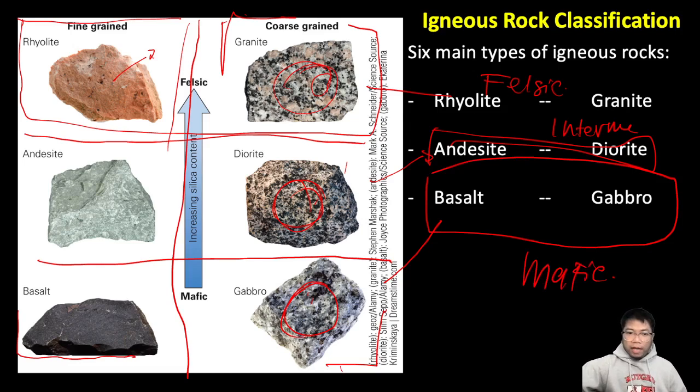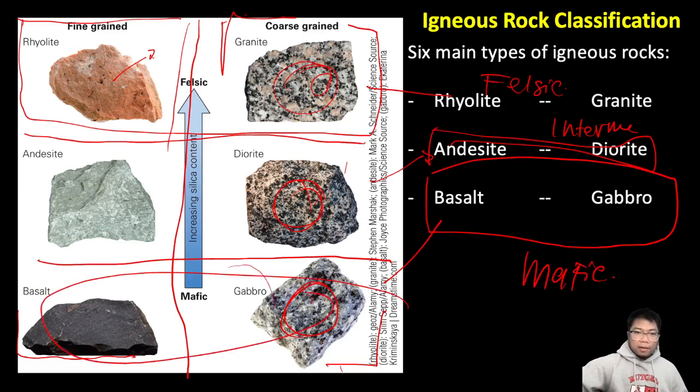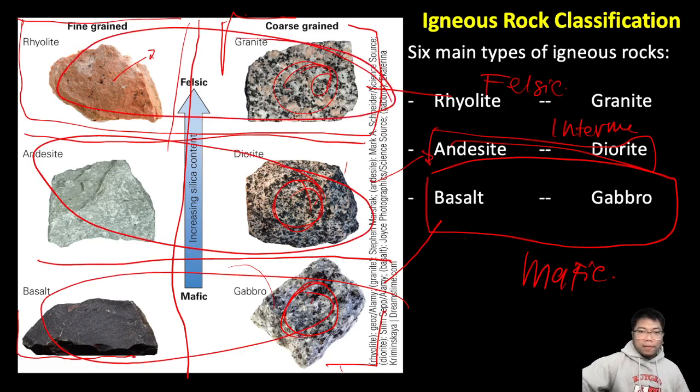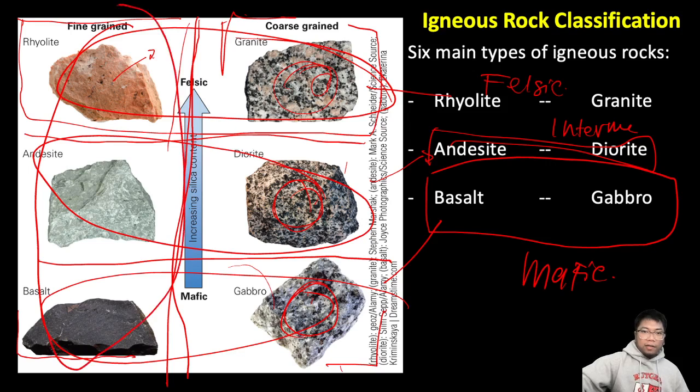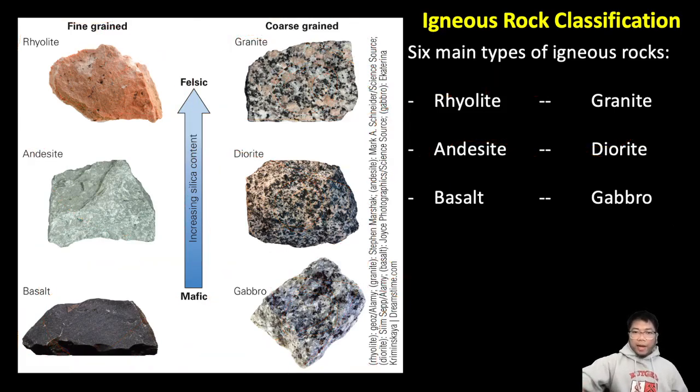So we go from mafic, intermediate, to felsic rocks. And then we also have the division between fine grain or aphanitic rocks and coarse grain or phaneritic rocks. That is the way we classify the 6 types of igneous rocks.